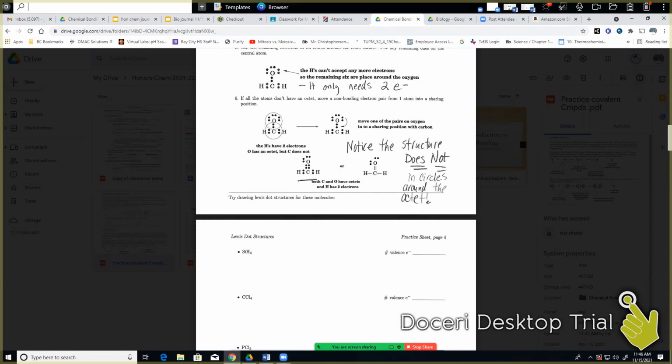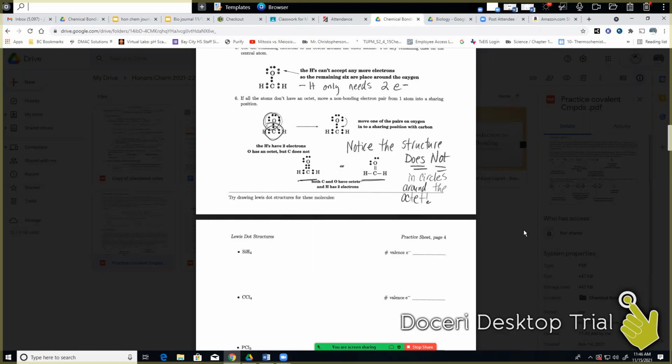So either drawn like this or drawn like that, that would be your representation of a good molecular compound. Notice the structure does not include these circles. The circles are just a teaching tool to show you how many electrons are around the valence.